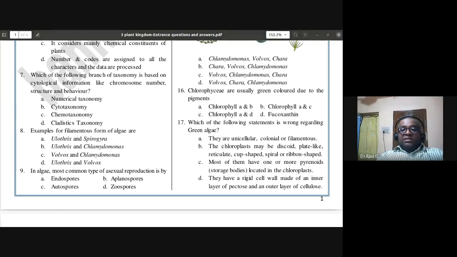So that is the second point that they have given. And see, most of them have one or more pyrenoids located in their chloroplast. They have a rigid cell wall made up of an inner layer of pectose and an outer layer of cellulose. So D is the wrong statement. First three statements are correct, and D is the wrong statement for green algae.